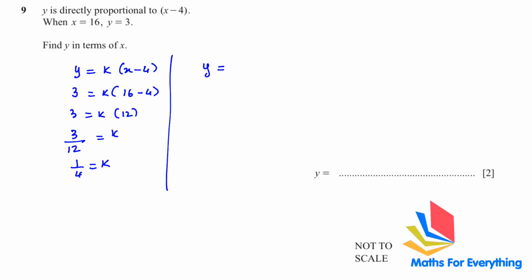So now that you have found your k, we just replace it with 1 over 4 x minus 4. That's your answer. If it was indirectly proportional, we will be writing k over x minus 4. I hope you understand and remember it also.